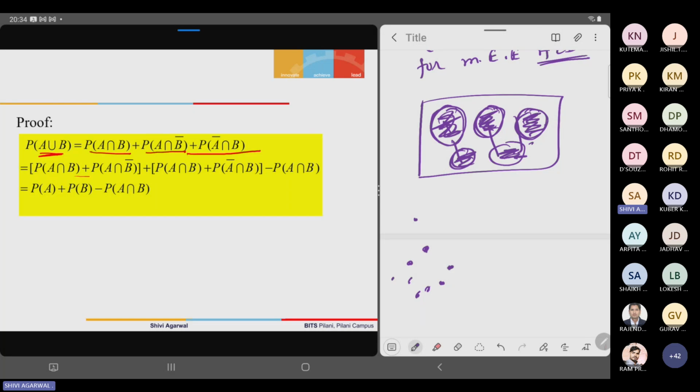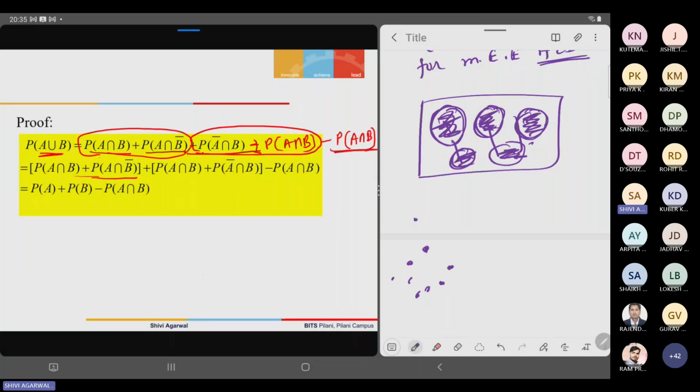Probability of A intersection B plus probability of A intersection B complement. So here what we are doing, we are using plus probability of A intersection B again, minus probability of A intersection B again. Okay, plus minus we are doing. So this plus is combined, making one combination.